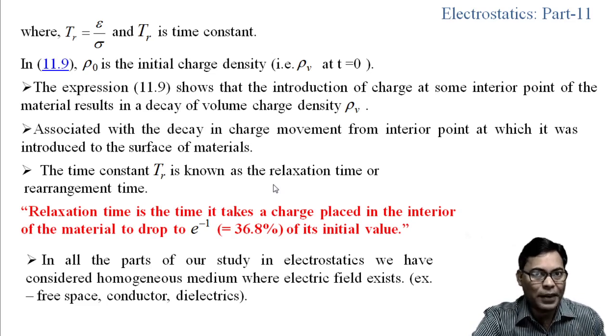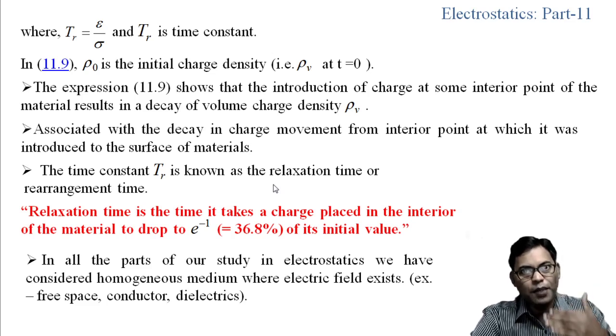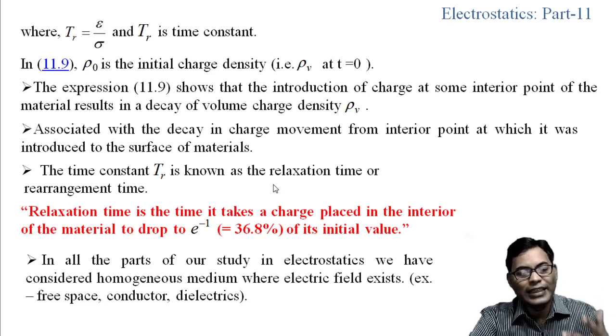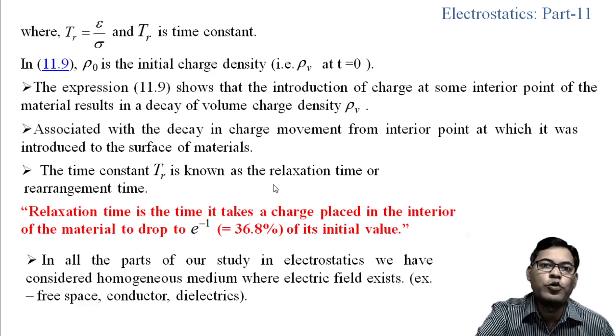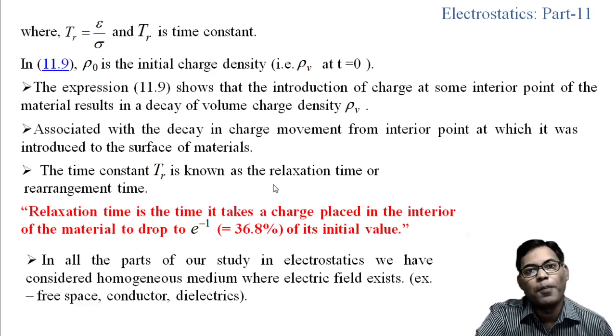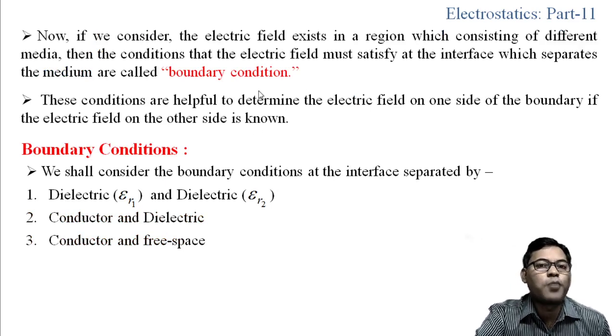Now what happens if the electrostatic fields propagate from one medium to another medium, say from a dielectric medium to free space, or from a dielectric medium to a conducting medium? That is what we are going to understand, and it is called the boundary condition. What is a boundary condition?